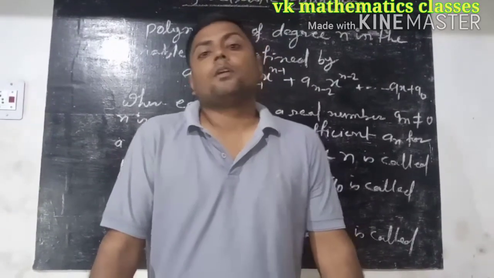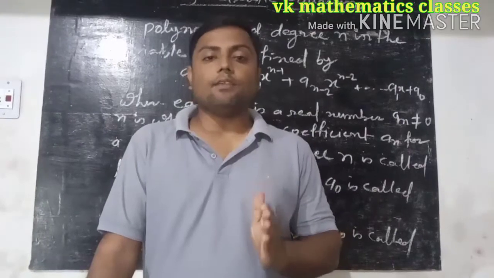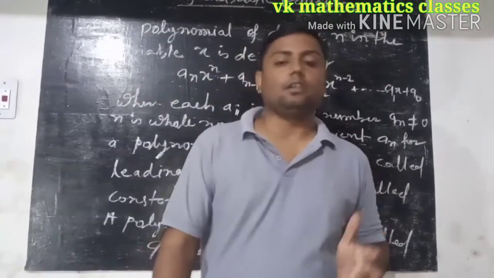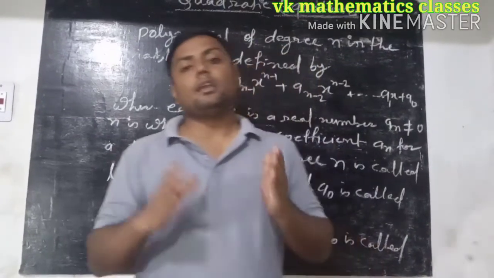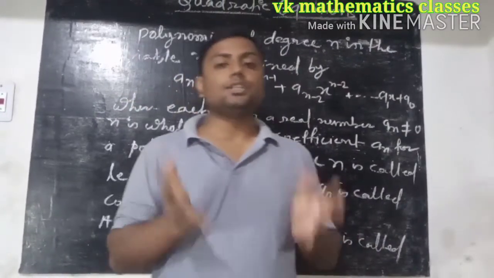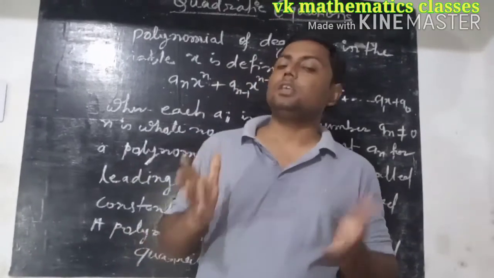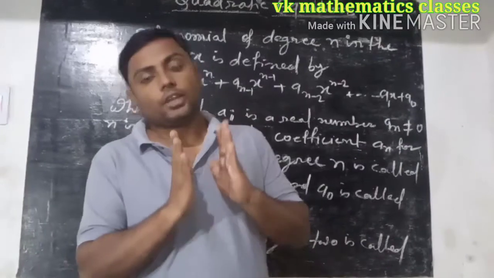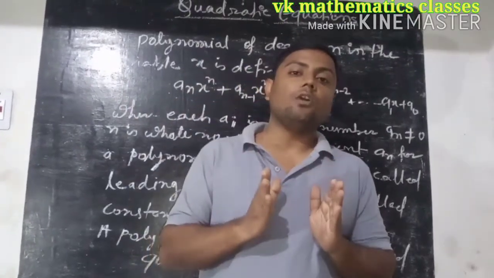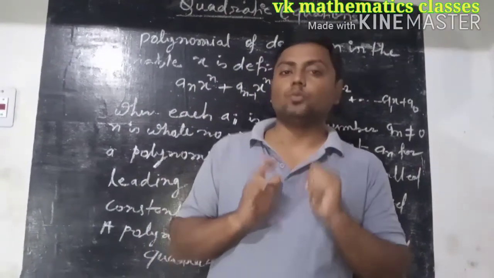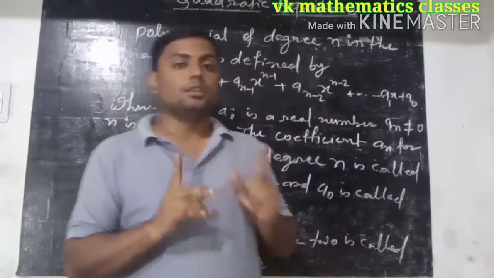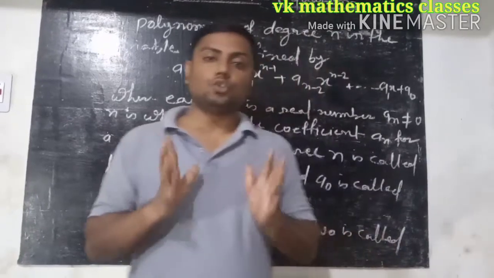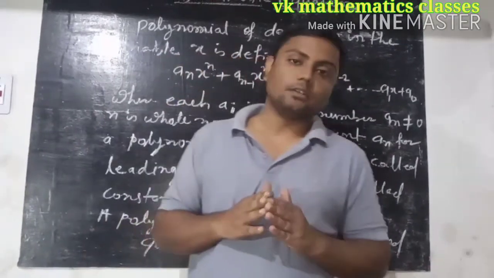The combination of variable and constant is known as the expression, and an expression which contains an equal sign is known as an equation. So this quadratic equation is also an equation, but the power of variable is 2. Therefore, an equation in which the highest power of variable is 2 is known as a quadratic equation.